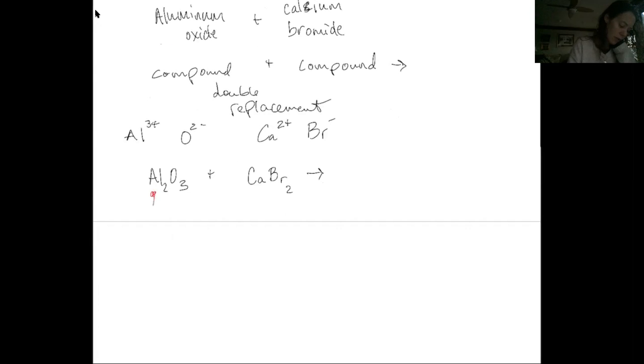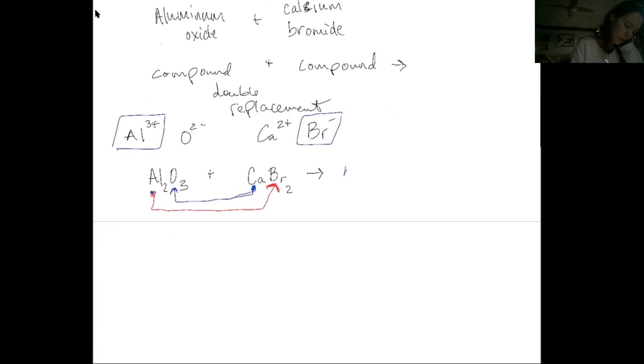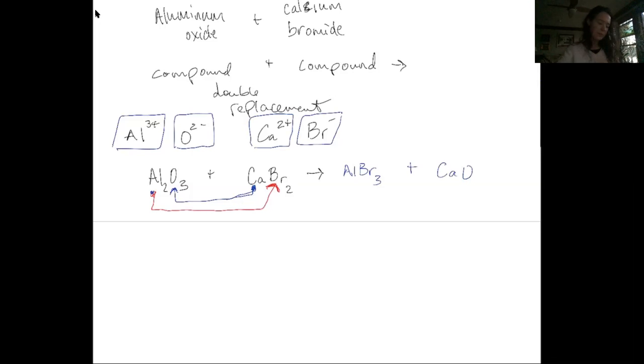The positive aluminum will go with the negative bromide, and then the positive calcium will go with the negative oxide, okay? So remember, it's always positive first. So I will have Al will go with Br. So here's my aluminum ion. Here's my bromide ion. Look at the charges. We have AlBr3. And the calcium ion will go with the oxide ion. We have CaO. All right.